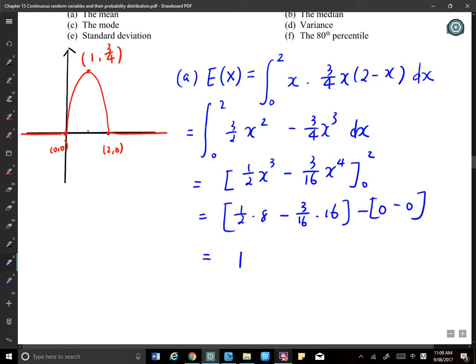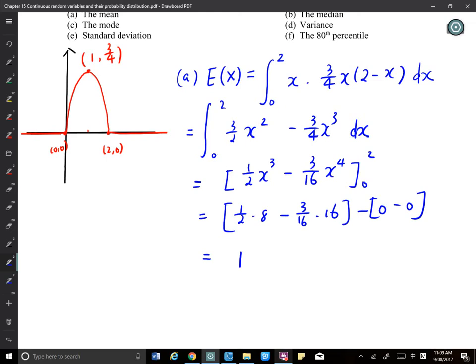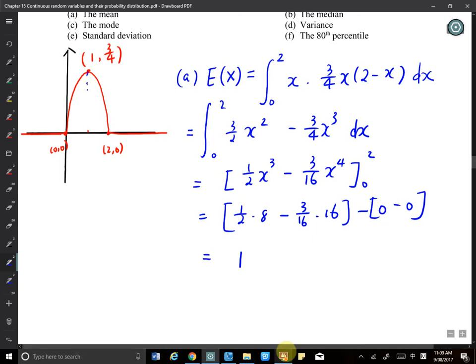What is the median? Without looking back at the formula, what is the median? You can tell the answer directly from this. It's a symmetrical graph. If you sketch from the turning point, half and half, so the median is 1.